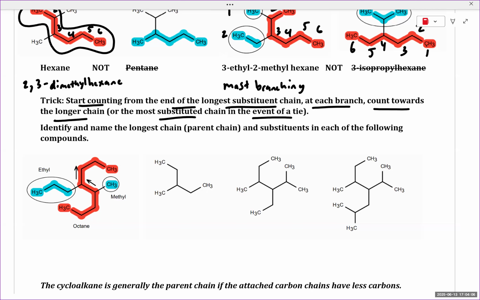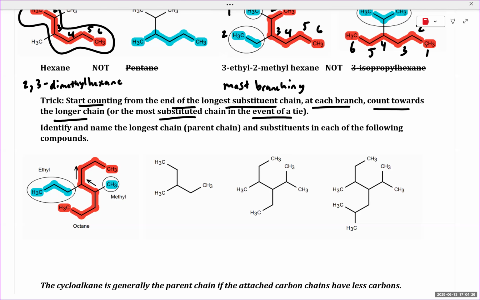So to give you an example, let's look at the following worked example. In this case, we have multiple substituent side chains. Let's take a look and talk a little bit about each of the side chains here.